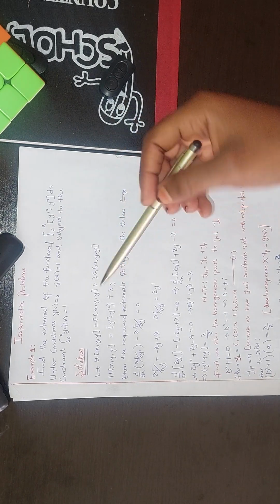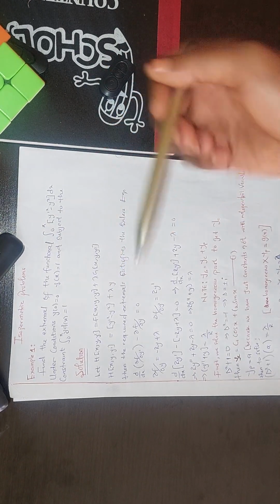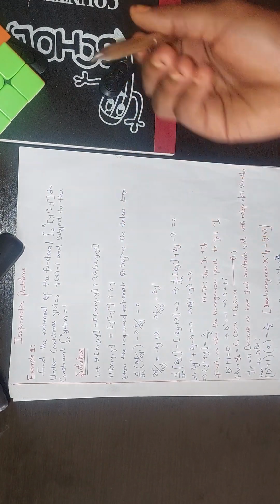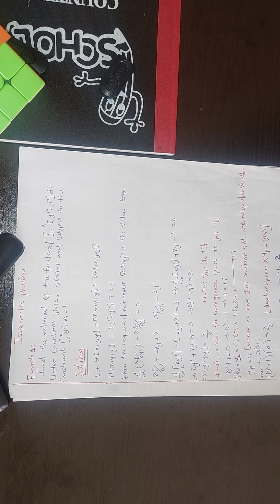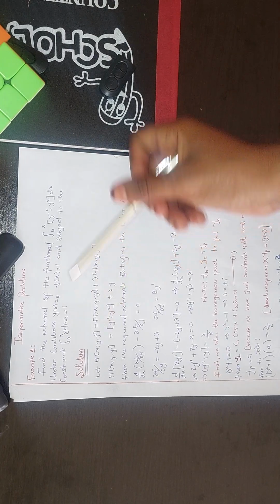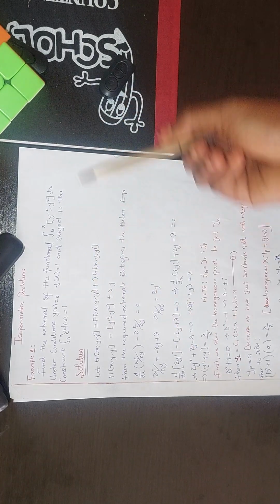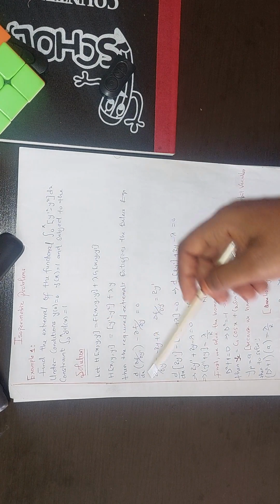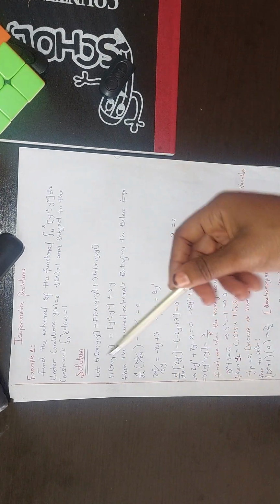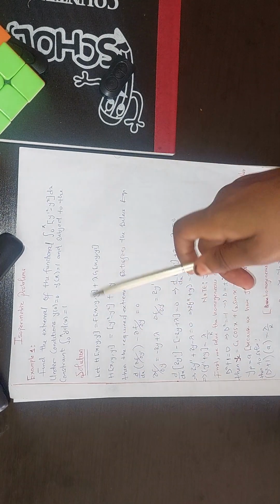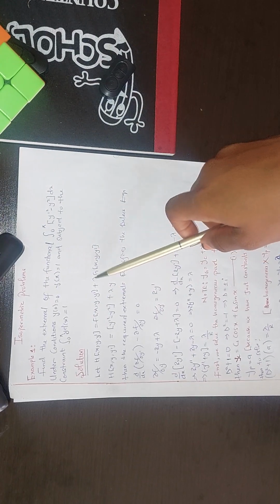I don't think I talked about this lambda in the previous video, but it's a constant called the Lagrange multiplier. So you multiply it to your constraint. Your g should be your constraint, and your f should be your functional. Then you introduce a new function called h of x comma y prime, equal to the addition of f and lambda multiplied by your constraint.